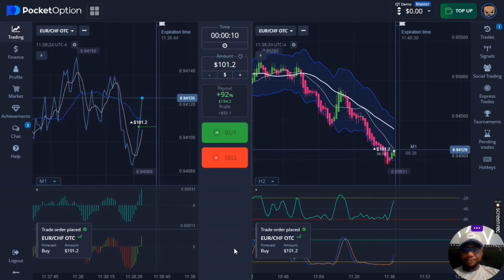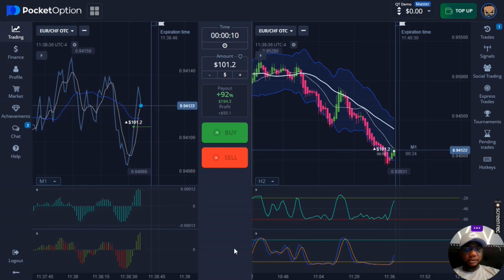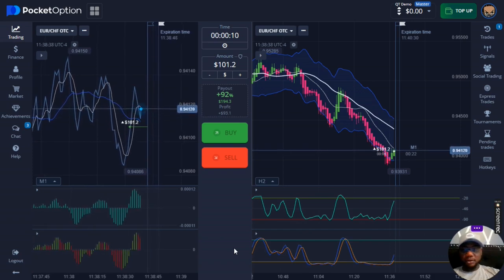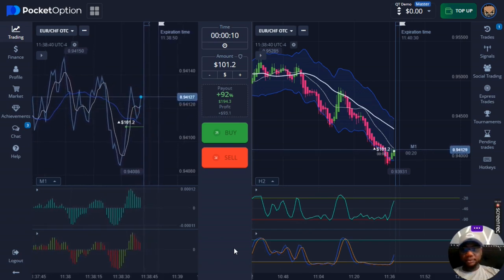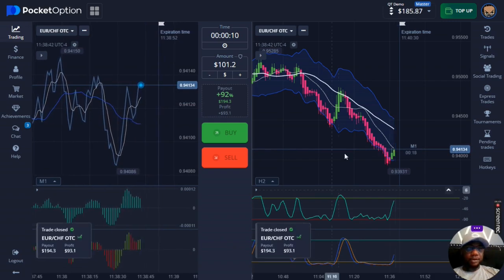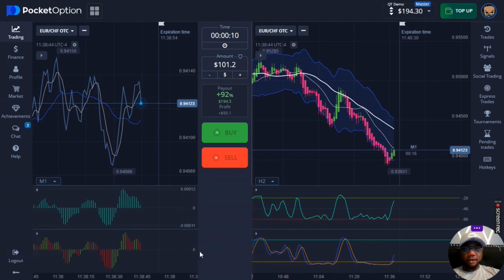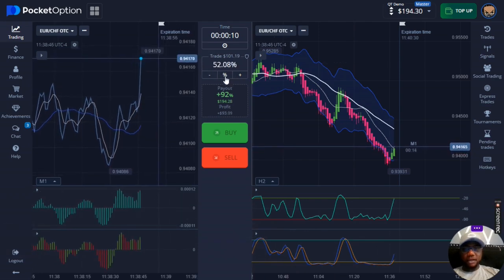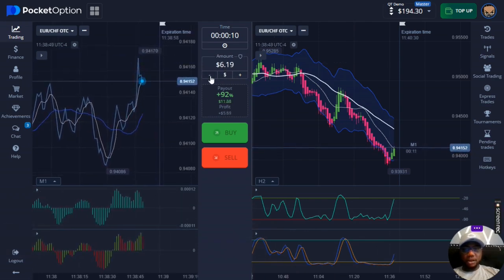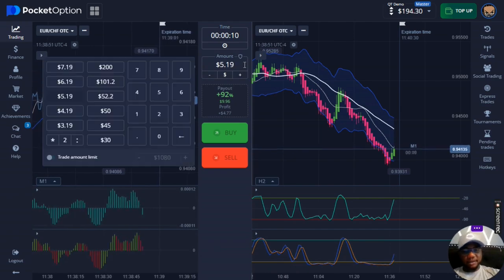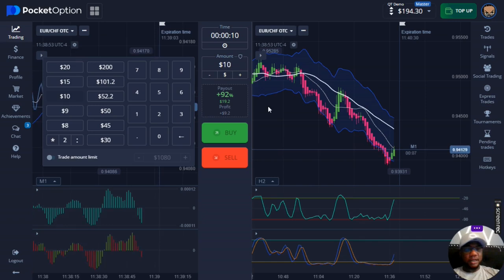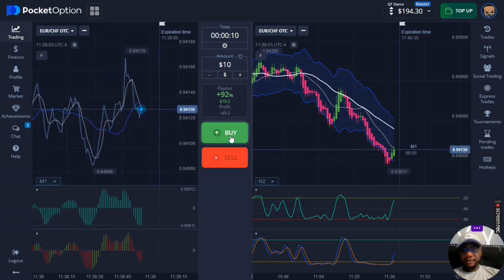With this next trade. All right. Guys, there you go. 194. I said $200. So let's drop this to, let's say $10. Let's do a $10 trade on our next trade.